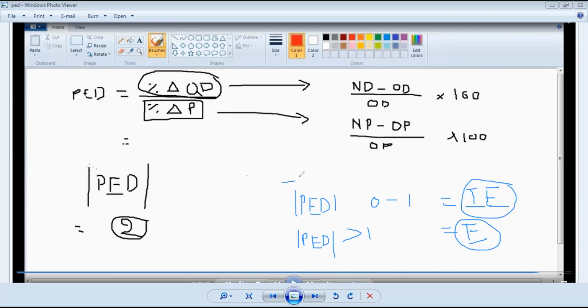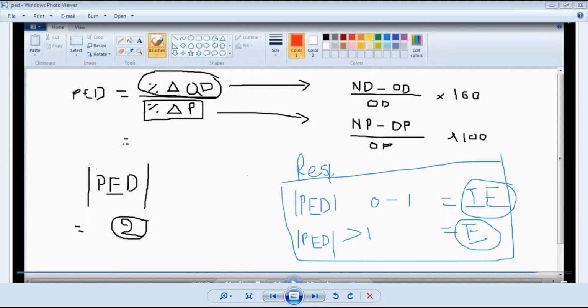Remember, everything about elasticity is about responsiveness. This is the key word here. So here the issue is always price and demand. Price will always cause the demand to change.